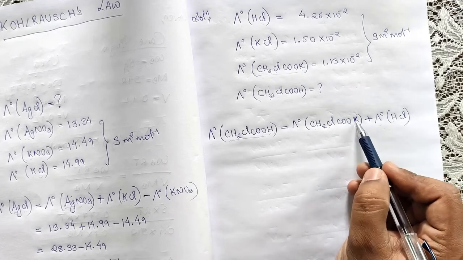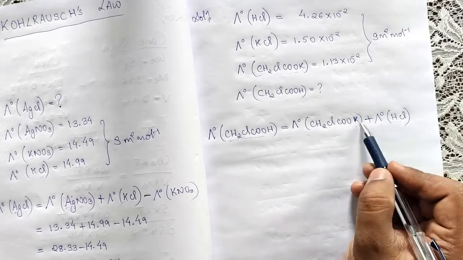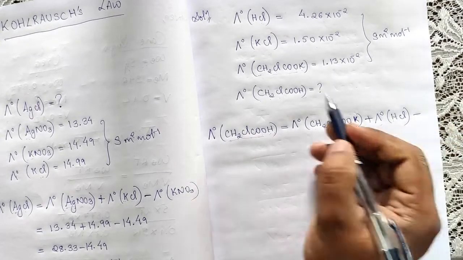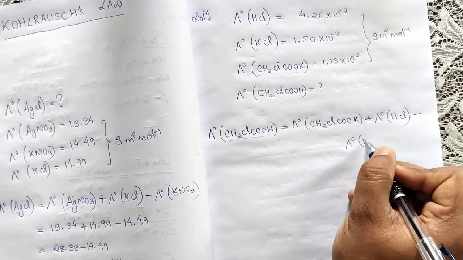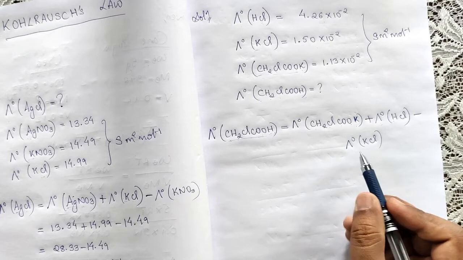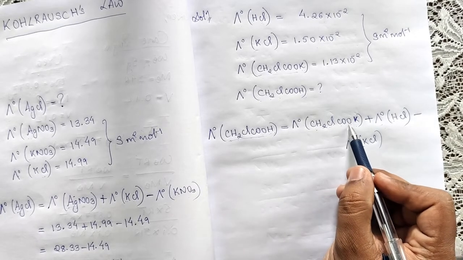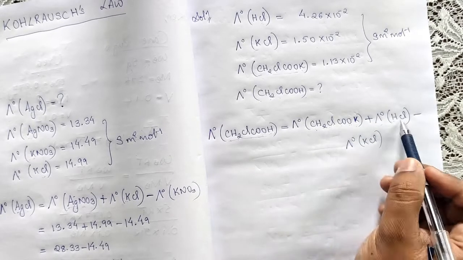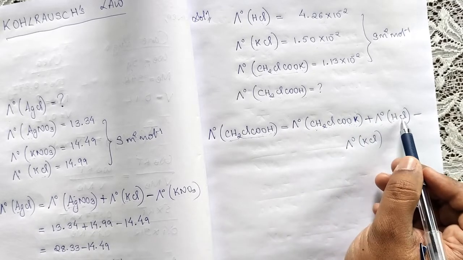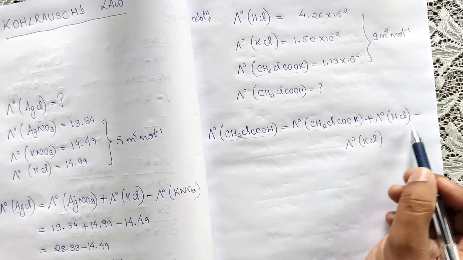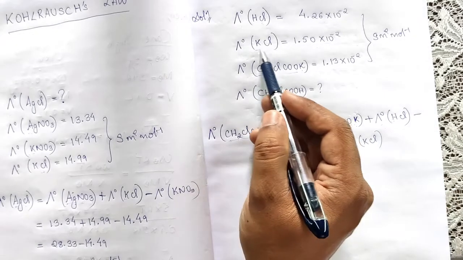And what will be left? KCl. Since we don't need KCl, I will subtract this KCl out here. Minus KCl. So H will come here, K will go here. So KCl. Since we don't need KCl, I'm subtracting this KCl.